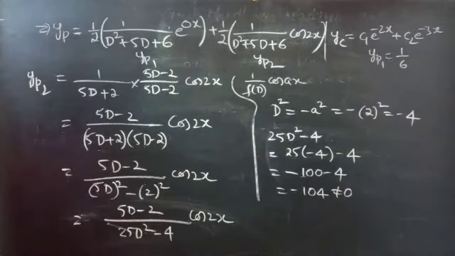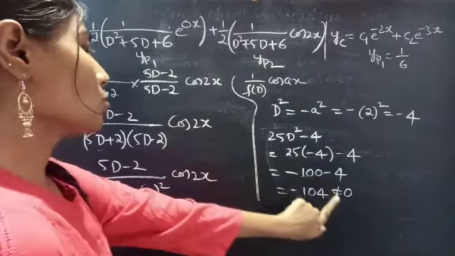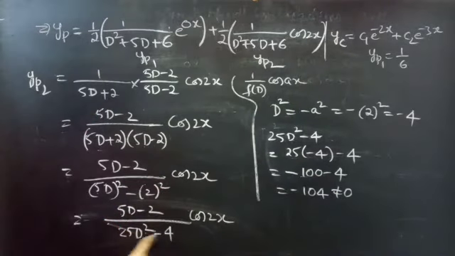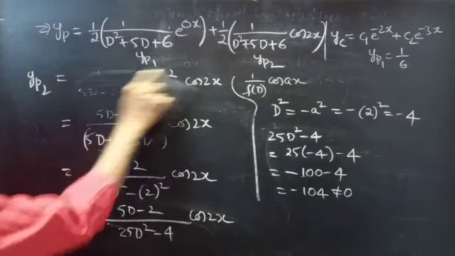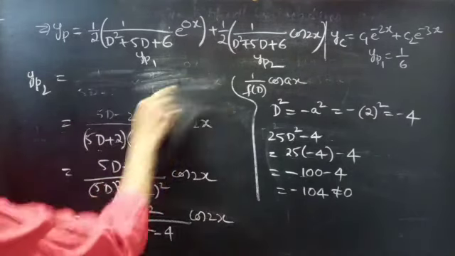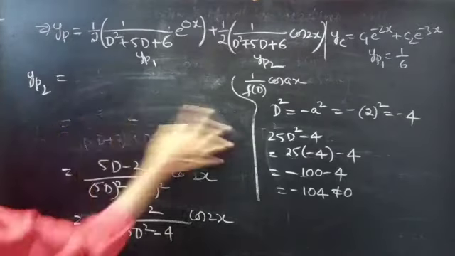By replacing D², we got some number which is not equal to 0, so you can replace D² by -4. Always remember that the denominator should not be equal to 0. If it becomes 0, then the total term becomes undefined.